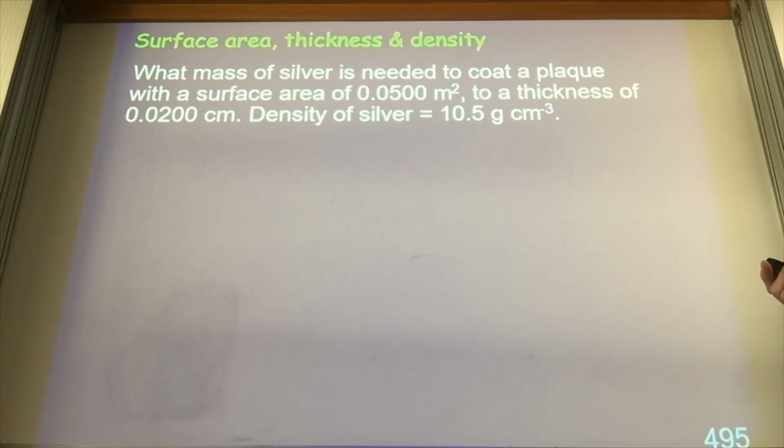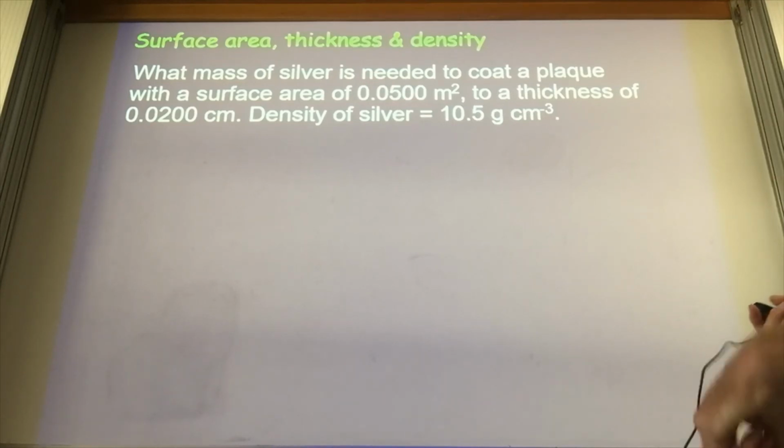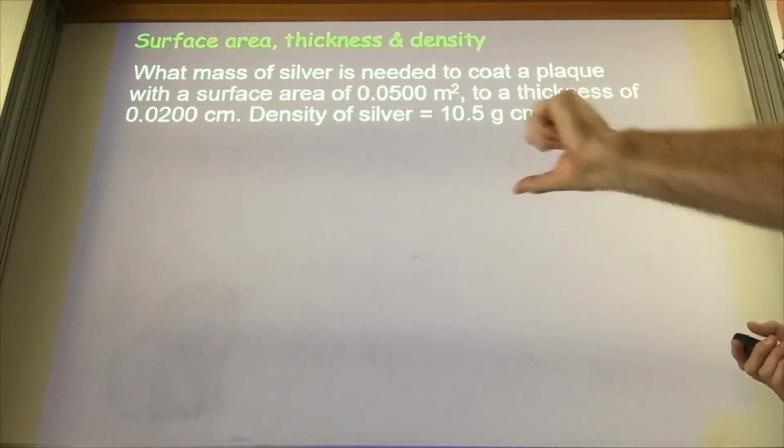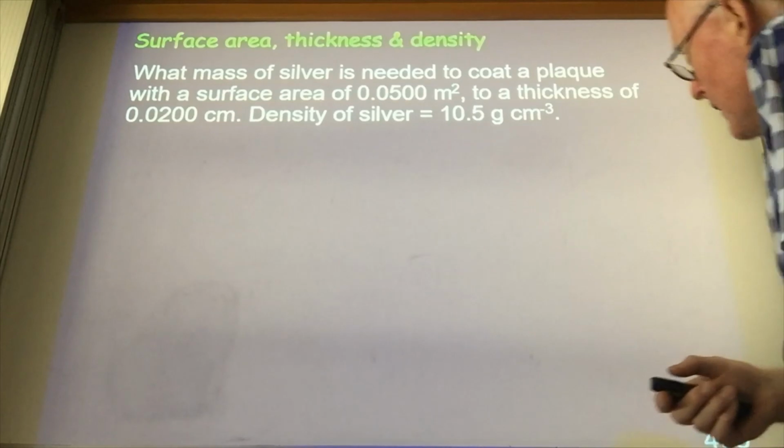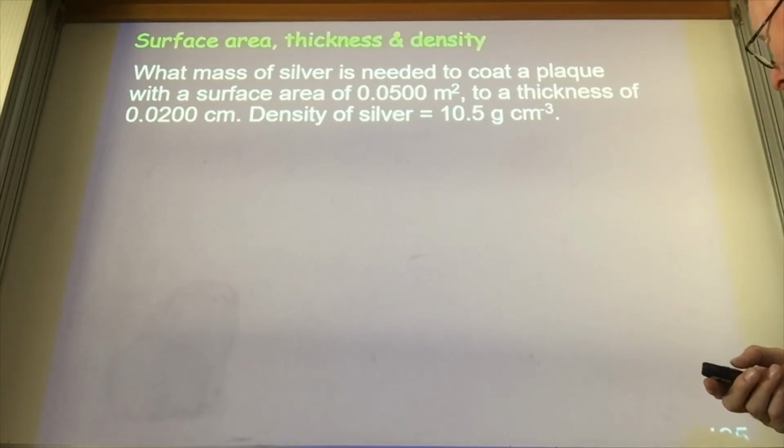So we've got an object with a particular surface area, and we know that there is a certain thickness of metal on that particular surface area. We need to know how much metal that is so that we can plate it for long enough and know how much metal we're going to consume.